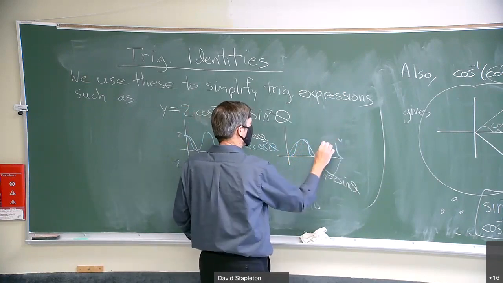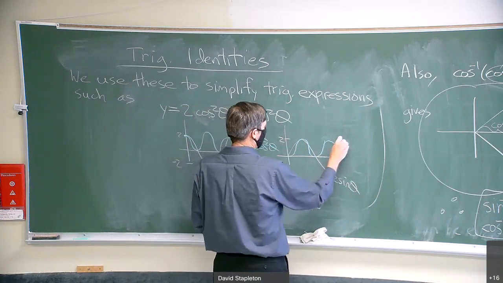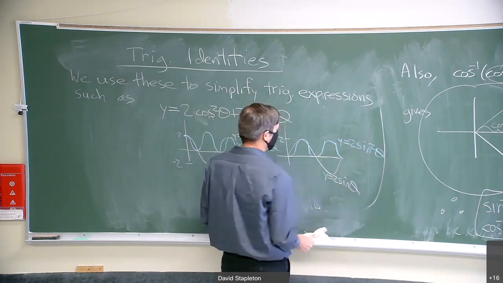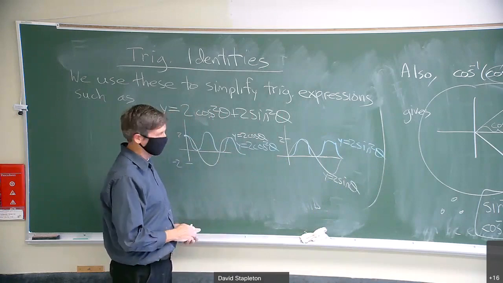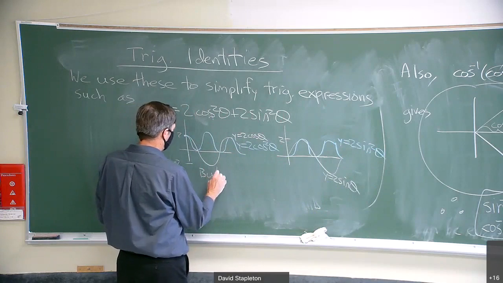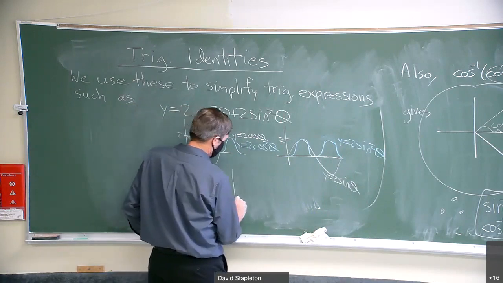Here's y equals 2 sine squared theta. And boy, I have to do a lot of thinking. Now I have to add these two together. I wonder what they add together to look like. Anybody figure it out?